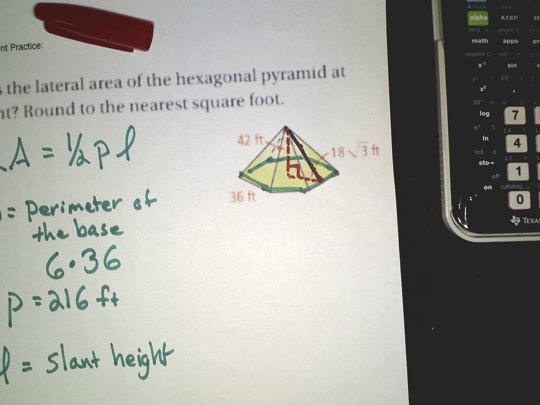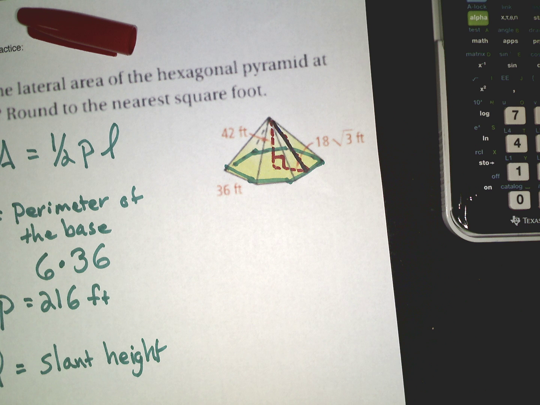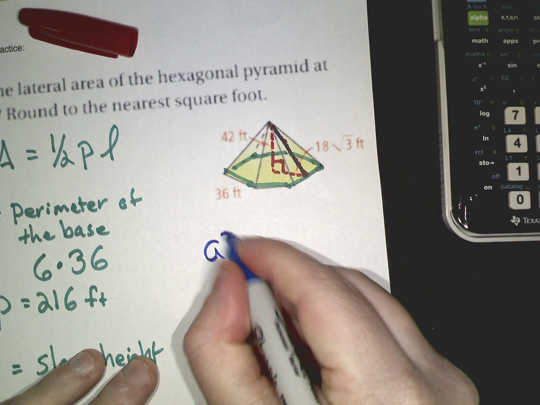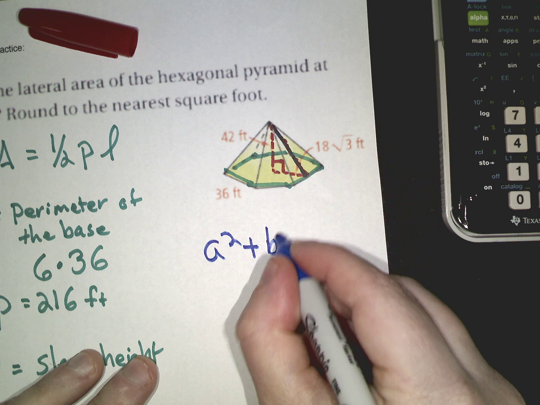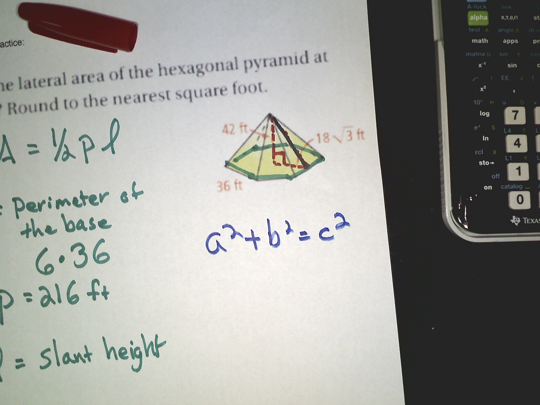That's the L, but I don't have that. I have a right triangle. And what works for right triangles? Good old Pythagorean theorem. There might be another way to do it, but I'm going to go with the most straightforward answer here.